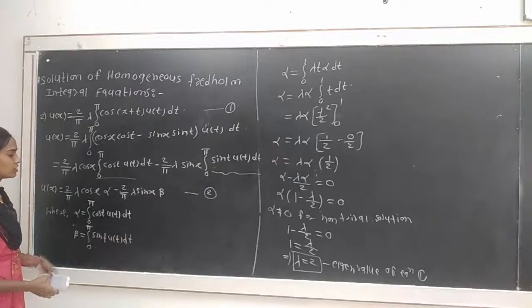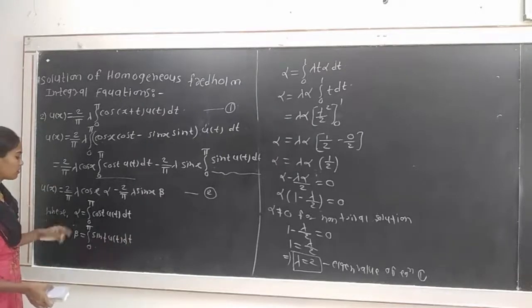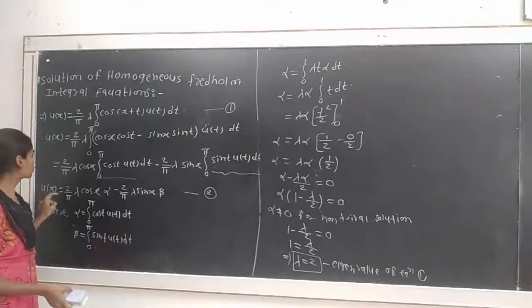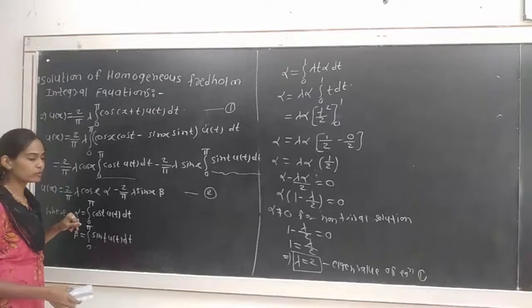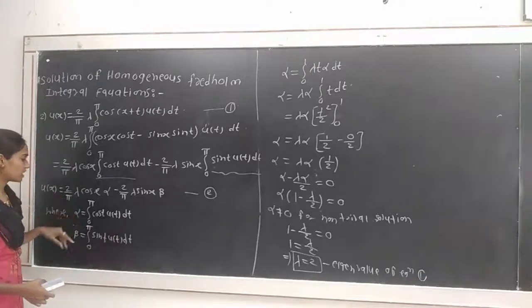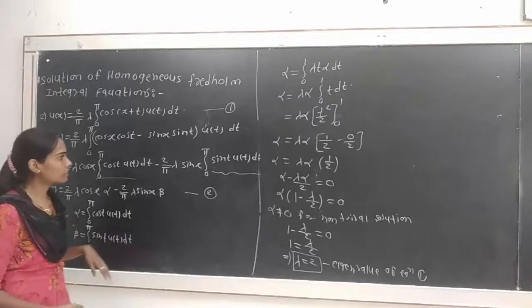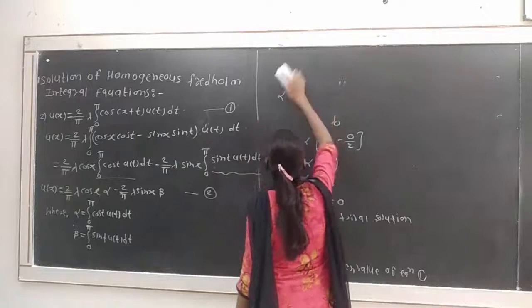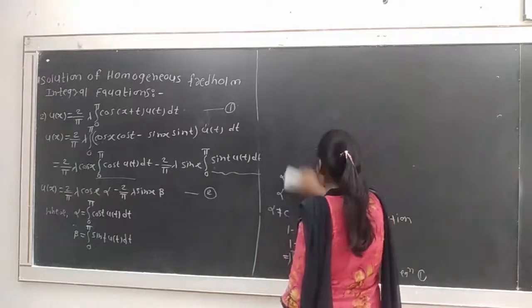So here we want to find the values of alpha and beta, and by finding those values and putting them in equation number 2 we get the solution of the given homogeneous integral equation. For that we have to consider here alpha and beta will be non-zero, because we want to find the non-trivial solution.